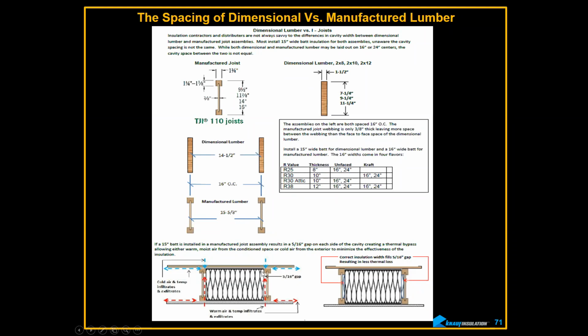And what happens is you create these 5/16 gaps on either side of every single cavity. So you're almost 3/4 of an inch basically on each side, on each cavity, of a gap, all the way from the top and the bottom. Holy smokes, that's crazy.